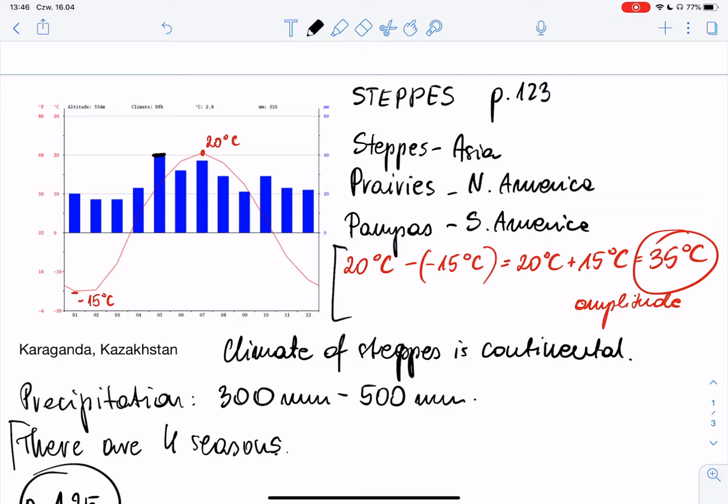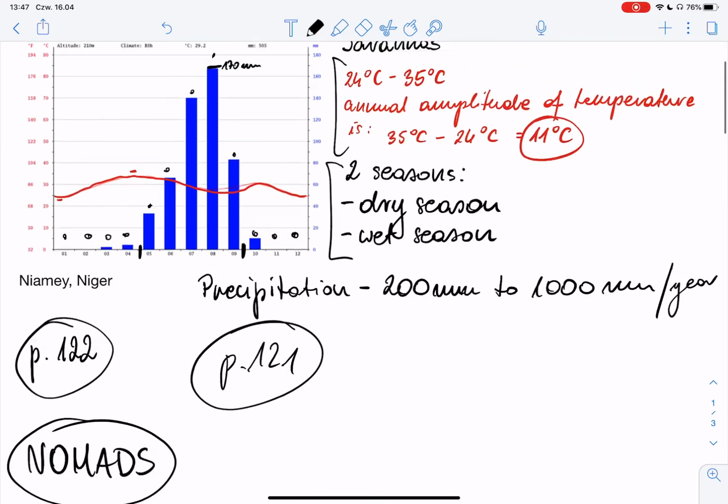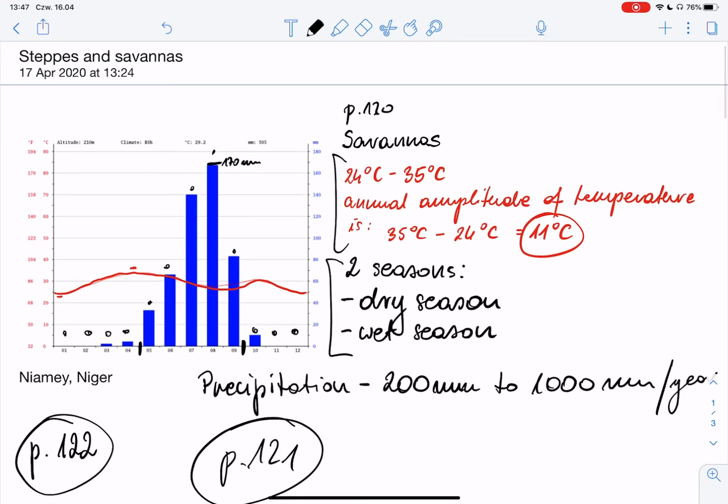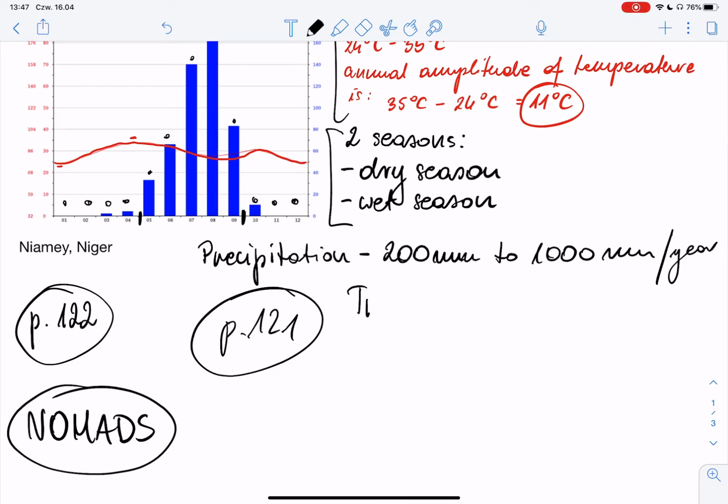There are four seasons, and basically there are three names for them depending on the location. And please remember that steppes belong to continental and moderate climate, whilst savannas belong to tropical climate.